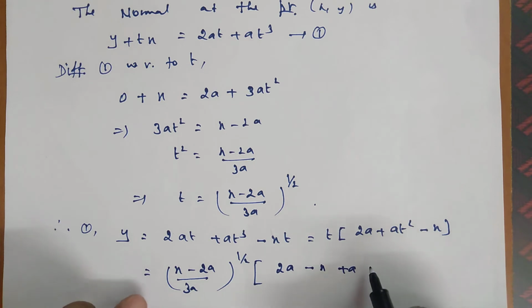T square is nothing but x minus 2a by 3a.